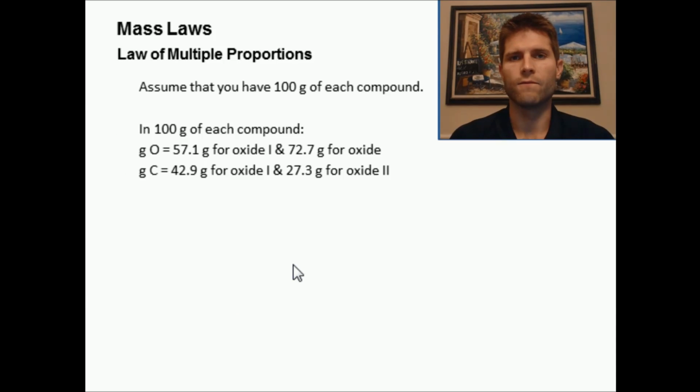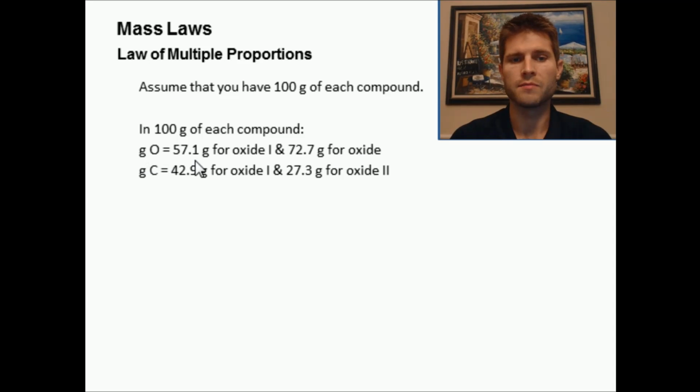So let's see a really interesting fact about this law of multiple proportions. If we assume that we had a 100-gram sample of each of the compounds, we can multiply the mass fraction, which was just dividing the mass percent by 100, by the sample mass and figure out the grams of each of the elements that are present.